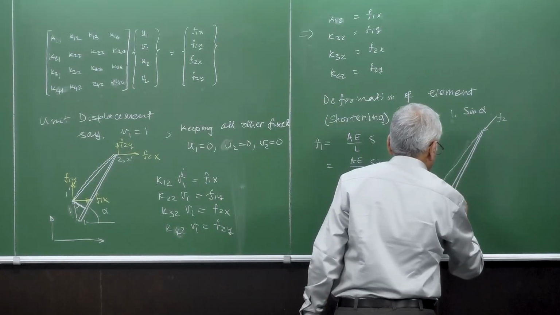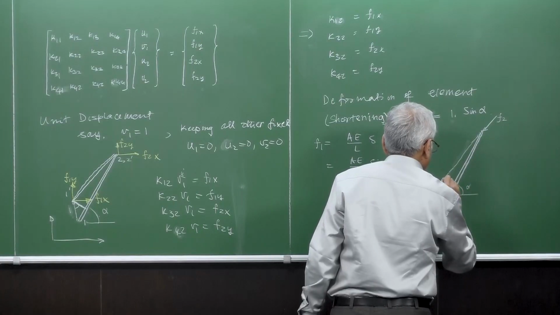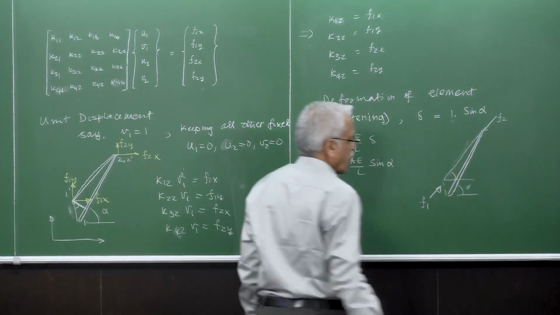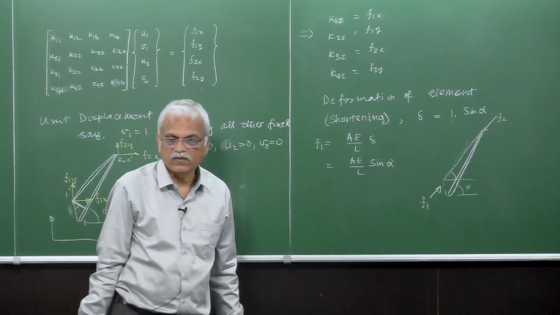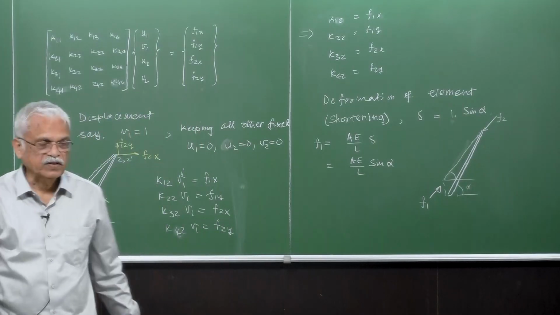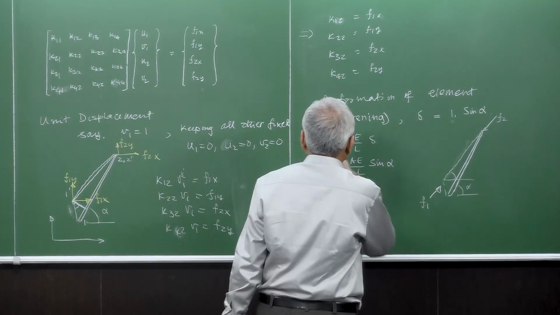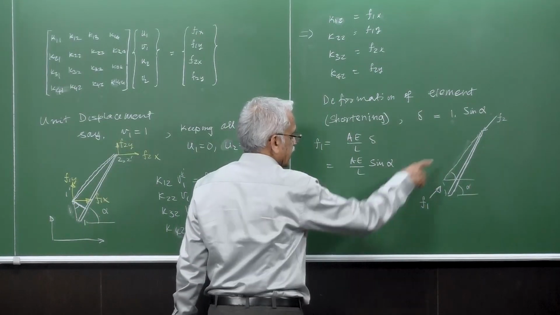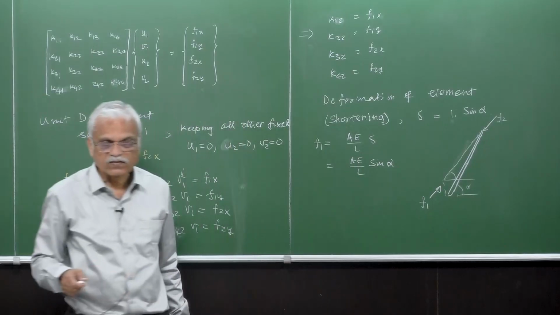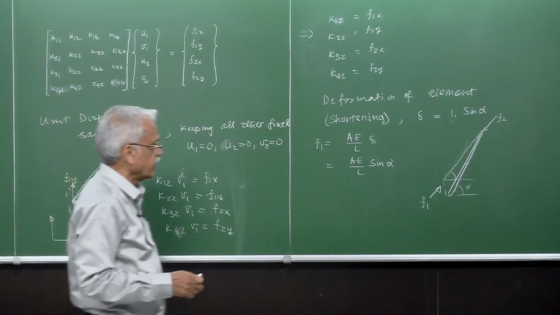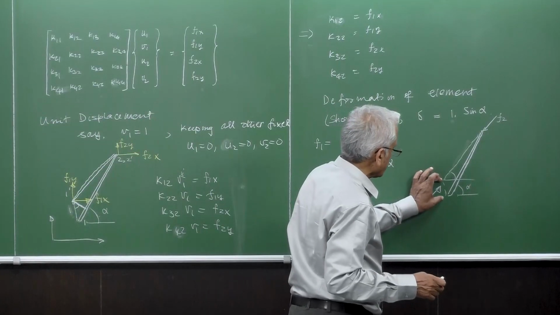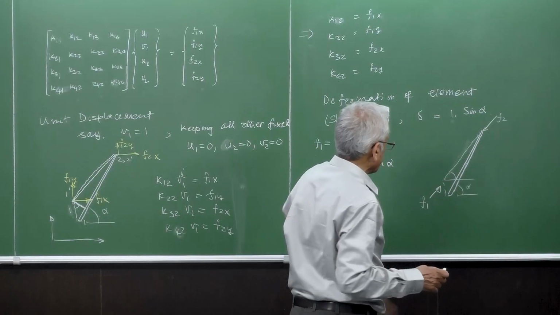The original alpha and this alpha are not very different because these are all small deformations, so the orientation doesn't change. This is the force in the truss element, the force necessary to have a unit deformation in the y direction.